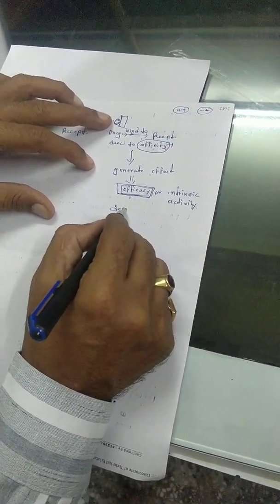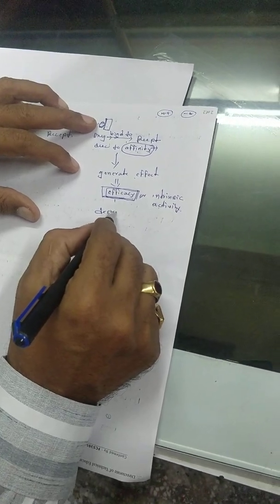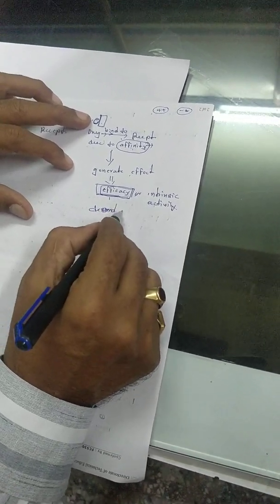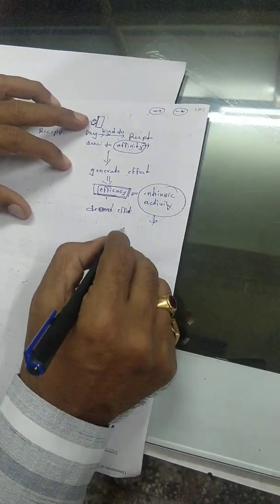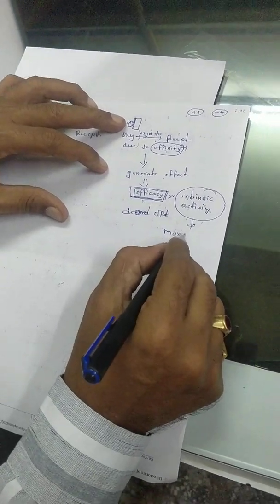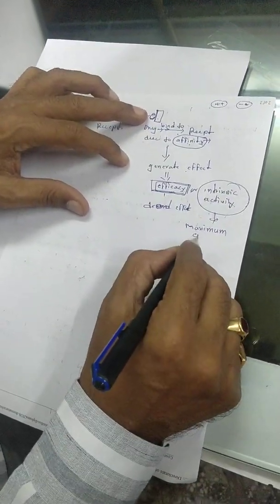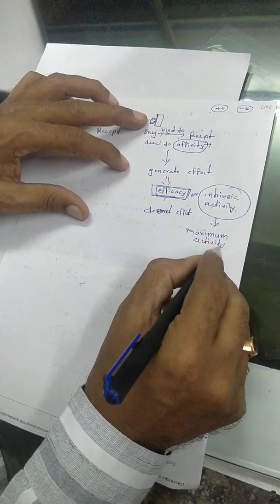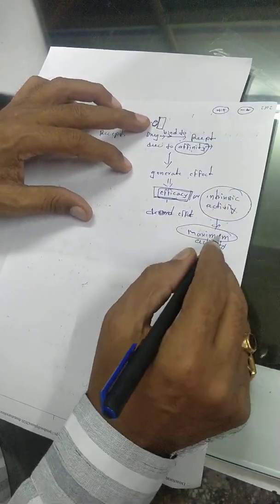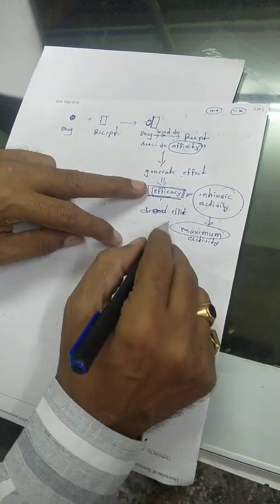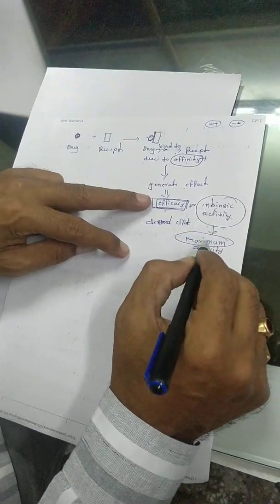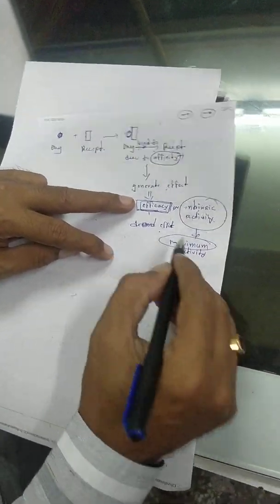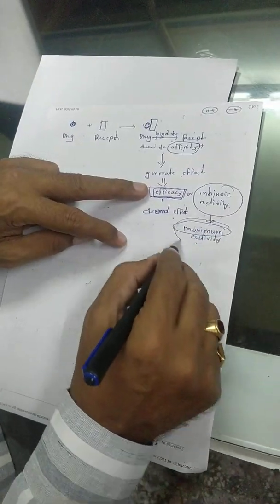Efficacy means the desired effect or intrinsic activity. In simple language, the maximum activity, the optimum, maximum activity. Efficacy, the intrinsic effect: they produce the effect, and that effect should be the maximum.